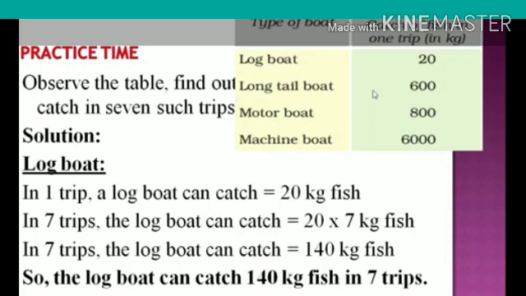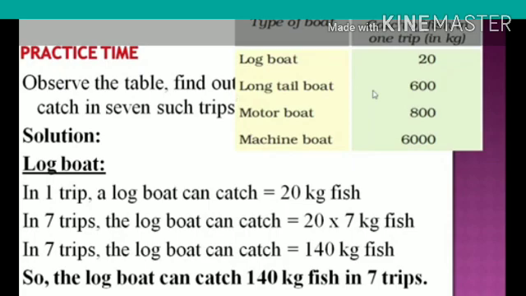So in 7 trips, the log boat can catch, multiply by 7, 20 into 7. And what is 20 into 7? 140 kilogram of fish. So what is the answer for the question? So the log boat can catch 140 kilogram of fish in 7 trips. Understood?